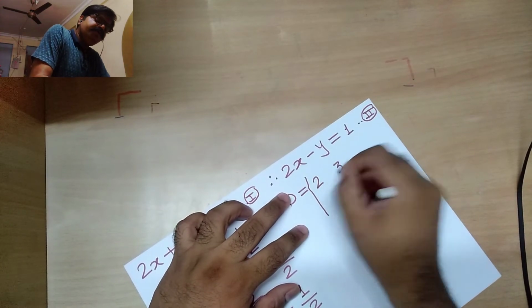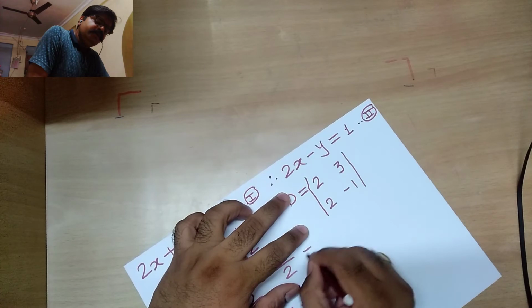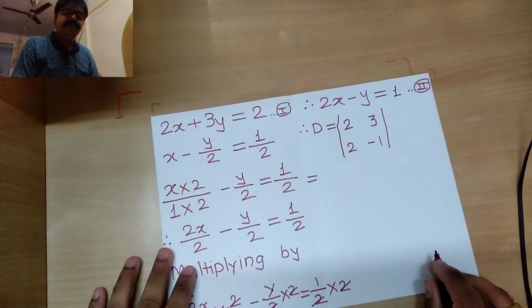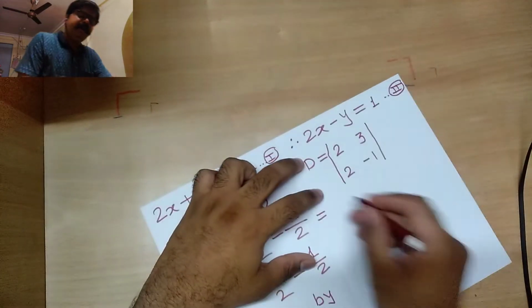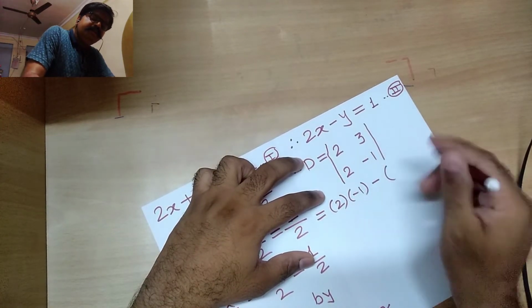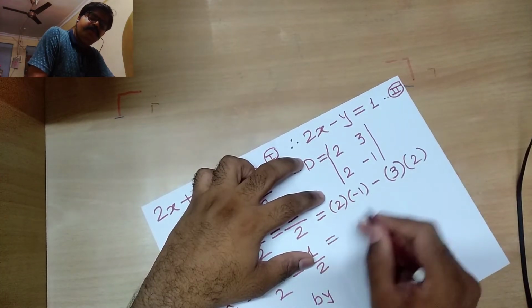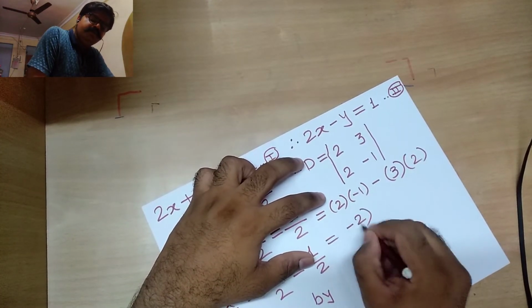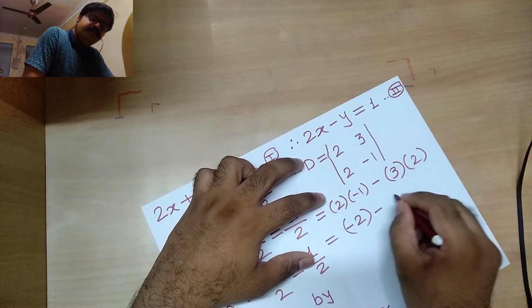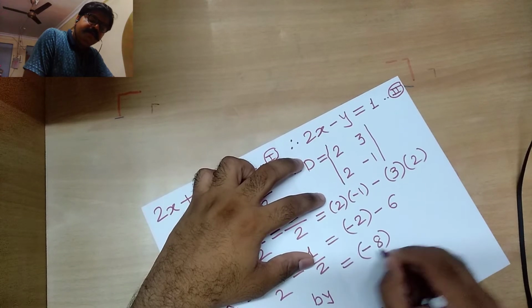Therefore 2, 3 and 2, minus 1. I am going to solve this determinant as well. Therefore 2 multiplied by minus 1 minus 3 multiplied by 2. Therefore 2 times minus 1 is equal to minus 2, minus 3 twos are 6. Therefore the answer which we are looking for is minus 8.